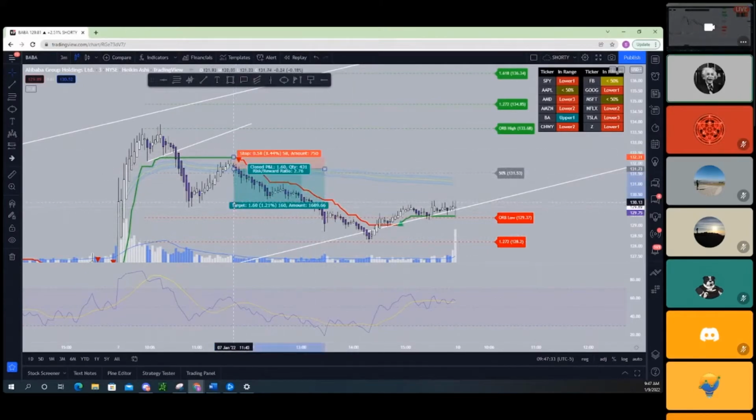If you're going to take this trade, our first target is always the ORB low. So if you're taking something from the ORB 50 short, your first target is the ORB low. If you're taking something long, let's say that we reversed here on BABA, your first target would be your ORB high. And here, if I just click on this, a 4-to-1 ratio on a trade is amazing.